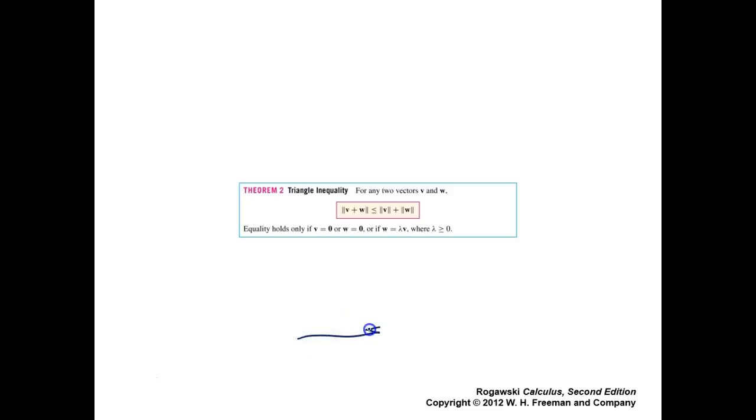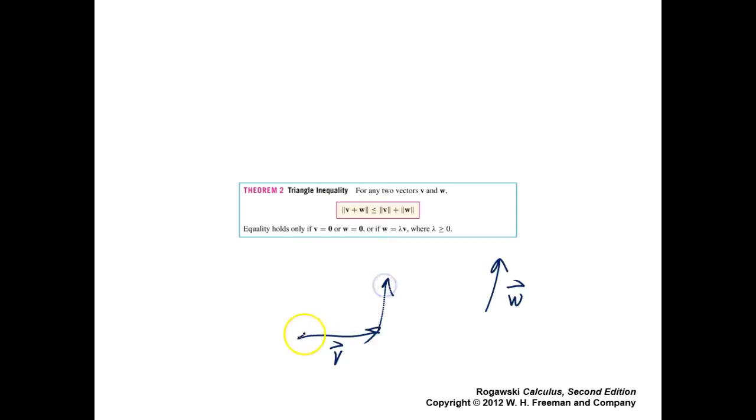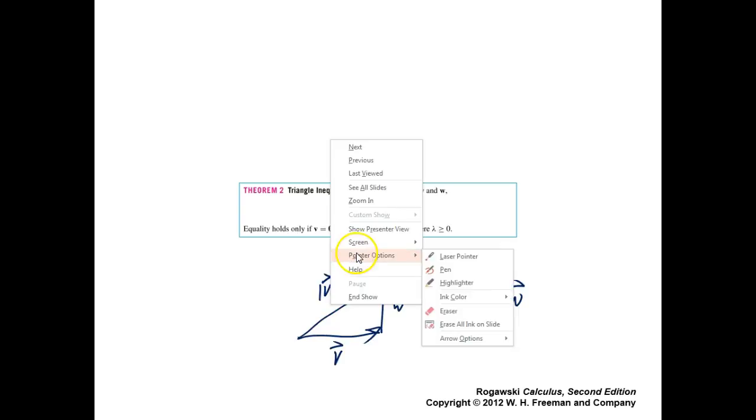If this is vector V, and this is vector W, and you add those two together, this is V plus W. This is W. Add them together.